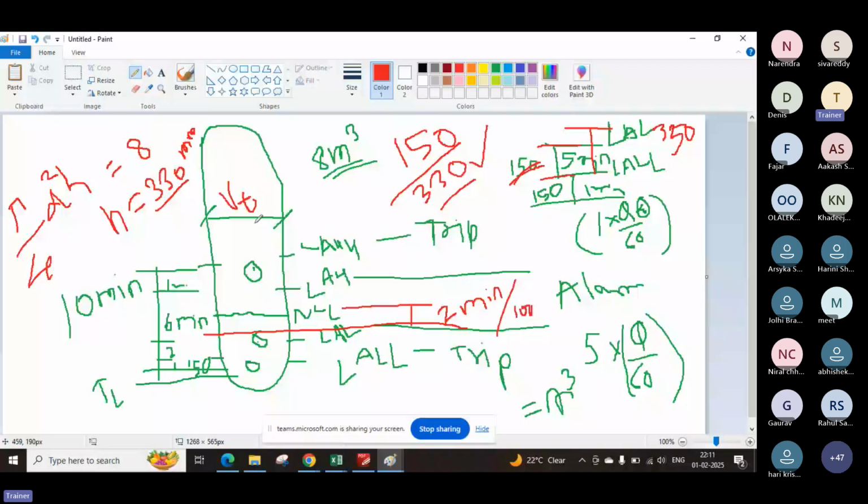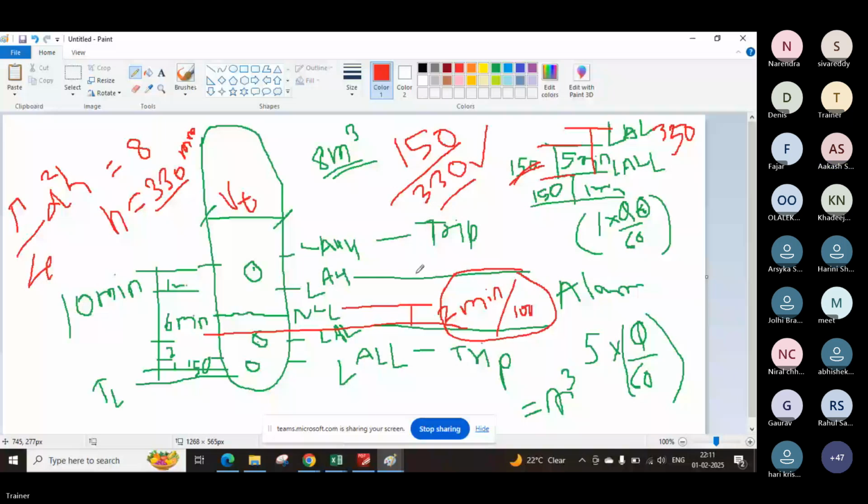Using the same method, you can calculate what is the minimum distance required for 2 minutes, or 100 mm is the minimum. Whichever is the maximum among these two, you can consider that value and you can sum up together. This is how we estimate the different liquid levels. Is this clear?